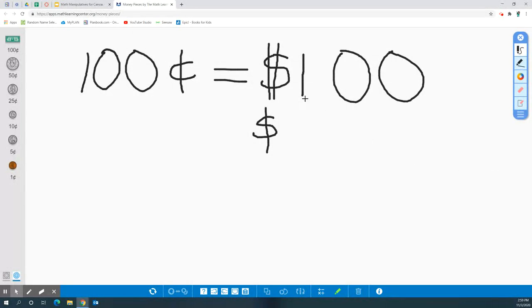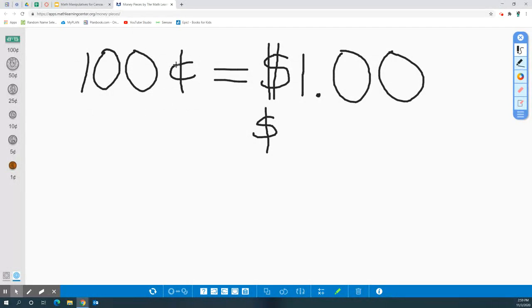But we need it to look like just $1. So in between your dollars and your cents, or your hundreds town and your tens town, you're going to put a little dot. And this dot's fancy name is a decimal point. Say that with me, decimal point. So we call this right here cent notation because it has a cent sign after it.